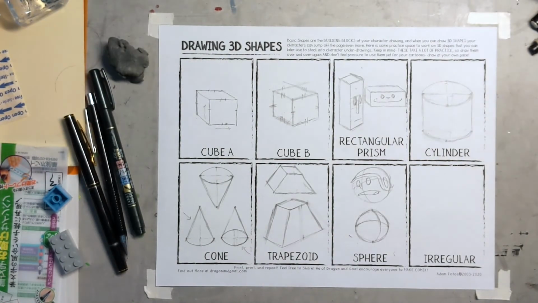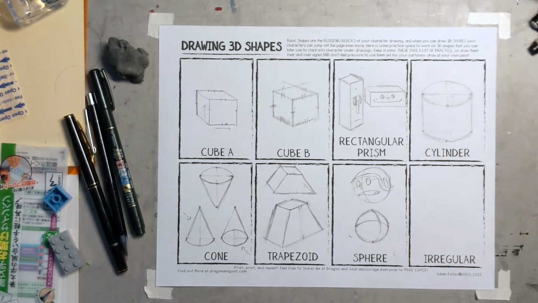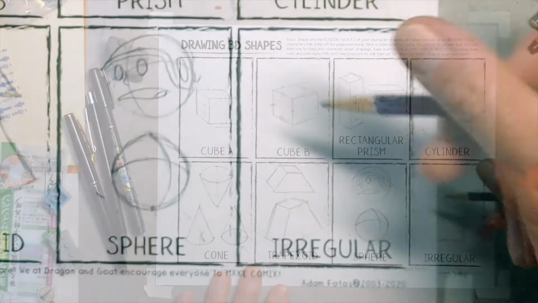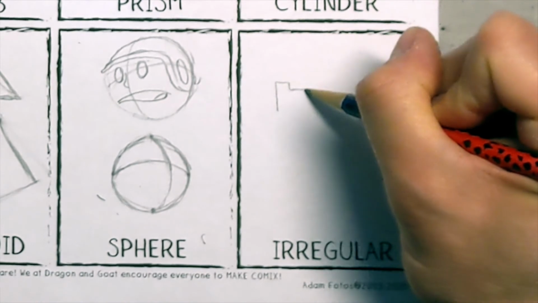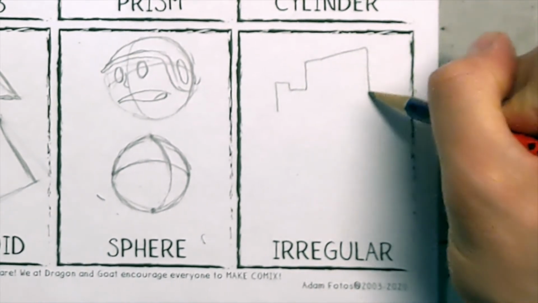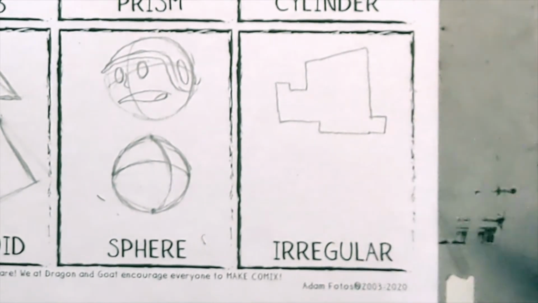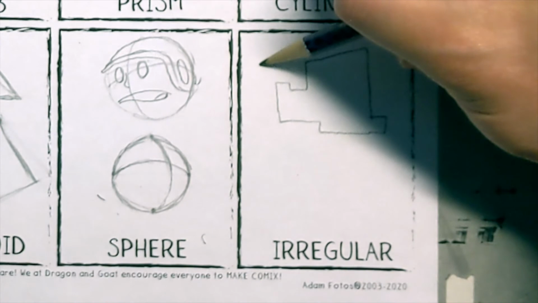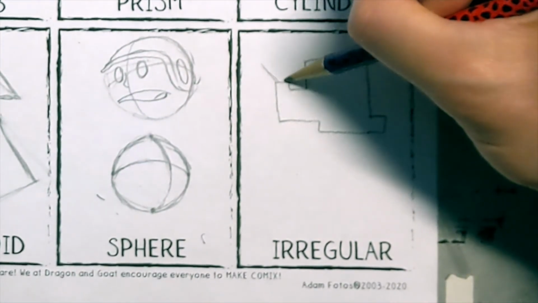And finally, we have the irregular shape. For the irregular shape, this is just a shape that looks irregular. We'll think about two different ways that your irregular shape could be formed, building off of our cube technique. So if I do one that's mostly geometric lines, something like that, what you do is you create a line going back into the distance from each corner.